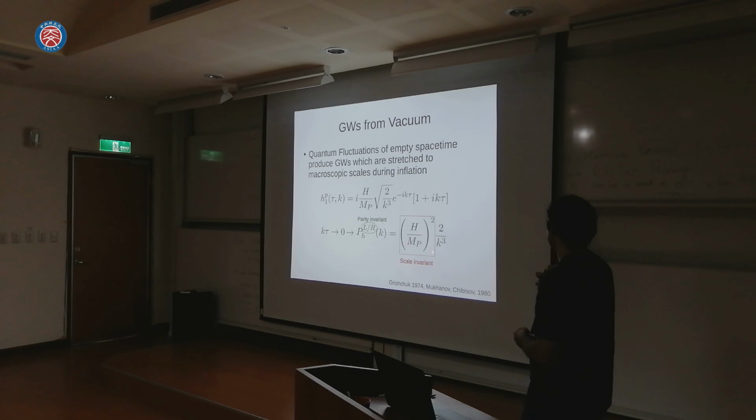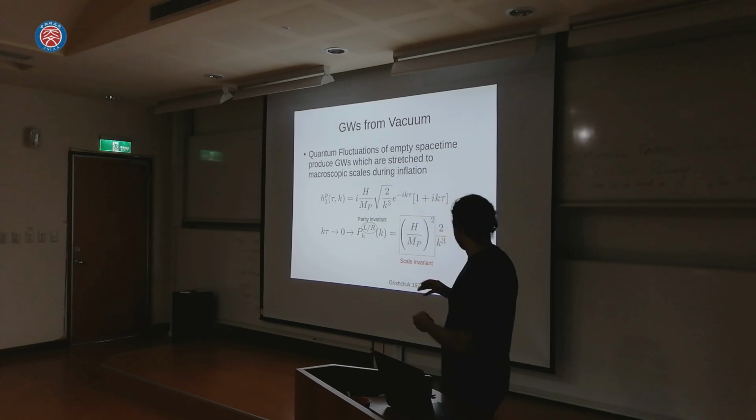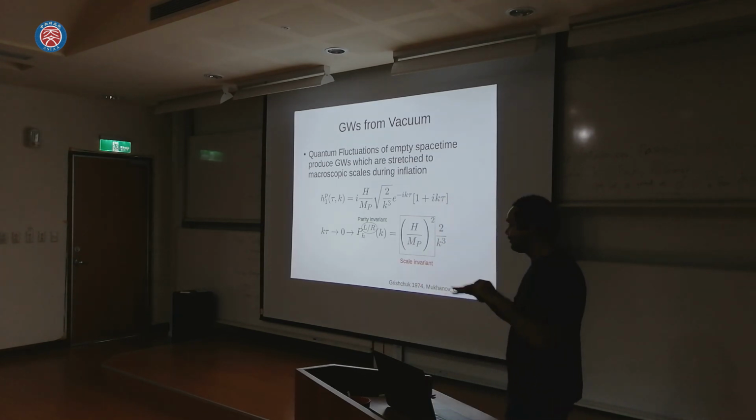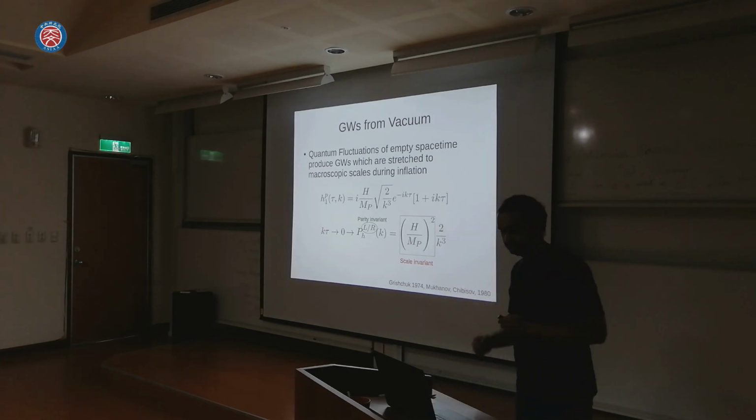The second is that aside from this factor of 1 by k cubed, they are scale invariant and depend only on the Hubble rate during inflation. So gravitational waves of all frequencies should have the same amplitude except for this factor of 1 by k cubed.